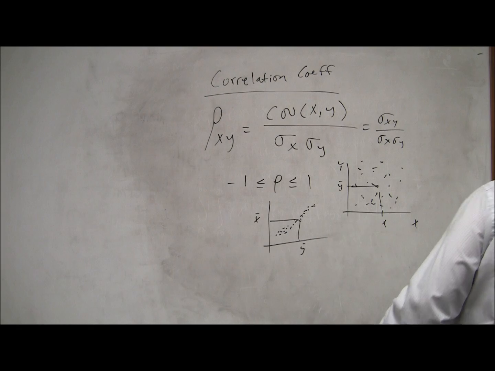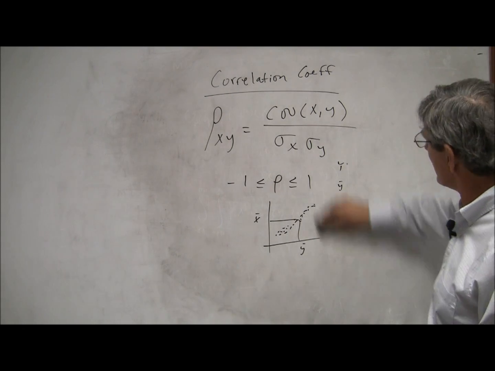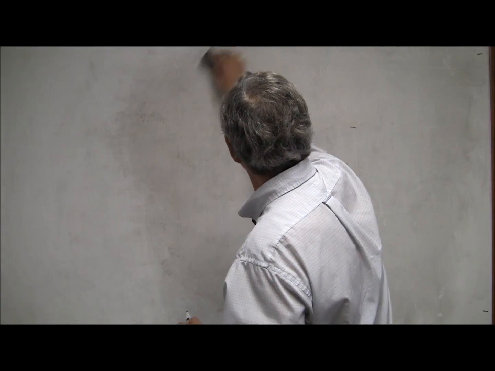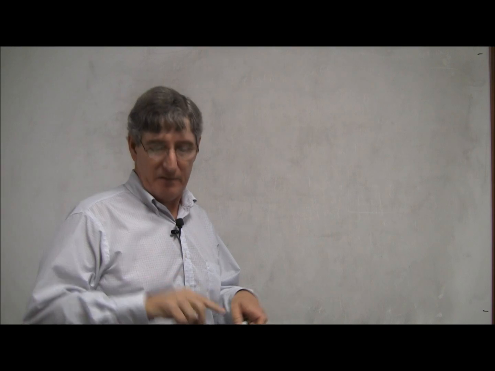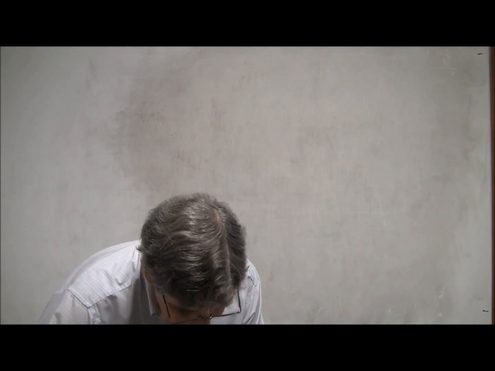Now, one thing we can do is go back to our definition of independence. We know if something's independent, it means f of xy equals fx times fy, what we did a few moments ago. There's something else, too.